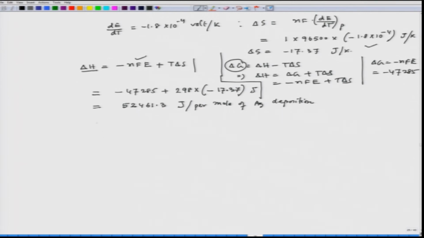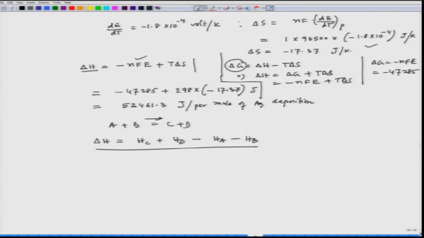Heat of reaction for any reaction, for example, A plus B equal to C plus D, if it goes this way, then our heat of reaction would be H of C plus H of D minus H of A minus H of B. So, formation enthalpy of individual species, reactants as well as products.